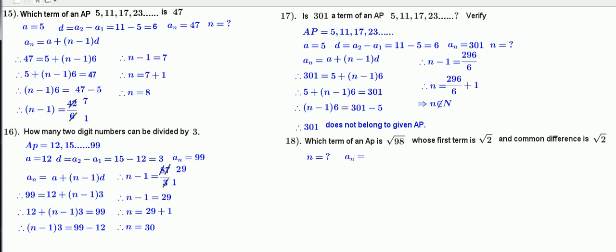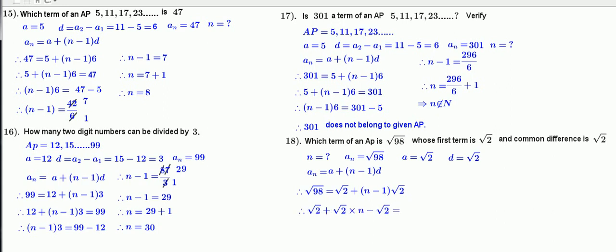Nth term an is root 98, a is root 2 and common difference d is root 2. Formula an equal to a plus n minus 1 into d. Therefore, root 98 equal to root 2 plus n minus 1 into root 2.